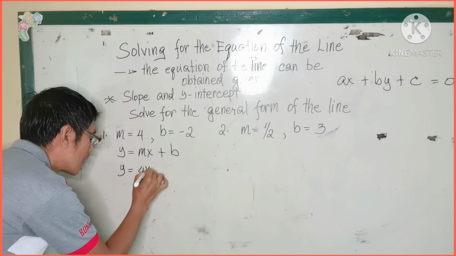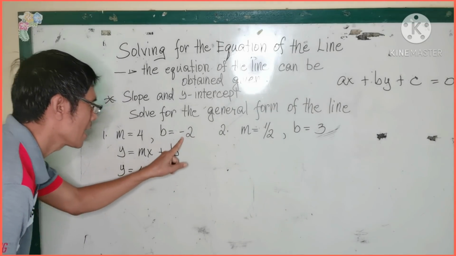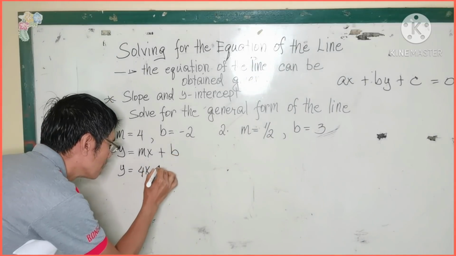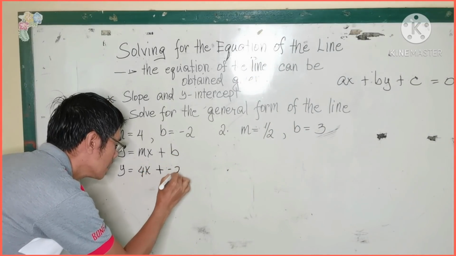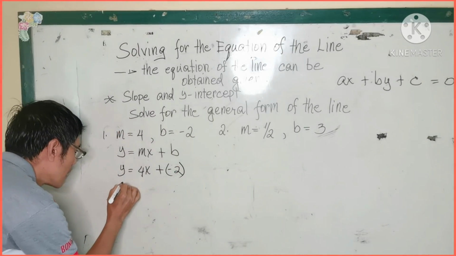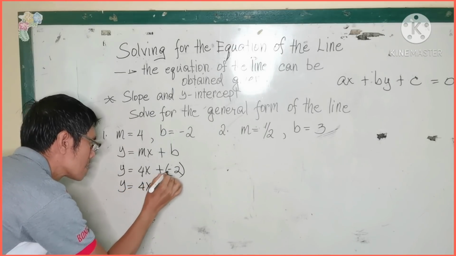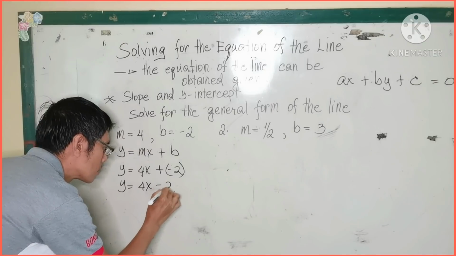Then we have x. Then our b is negative 2, so we have plus negative 2. Simplifying, we have y is equal to 4x minus 2.